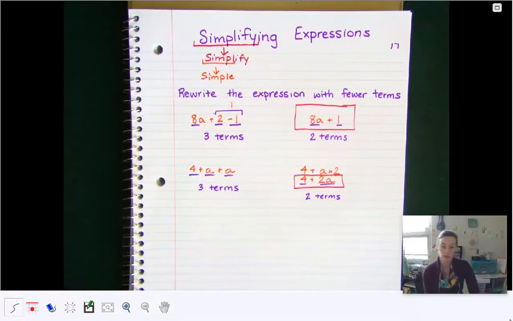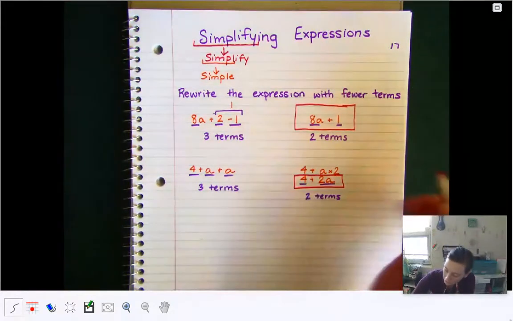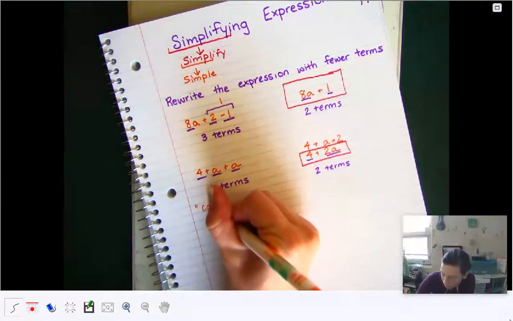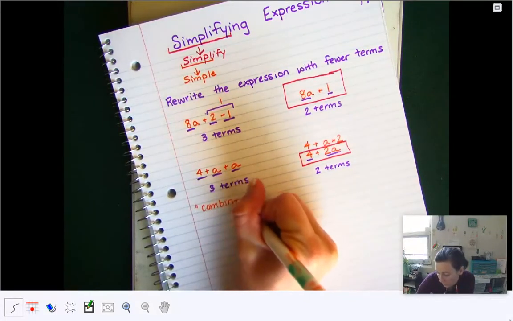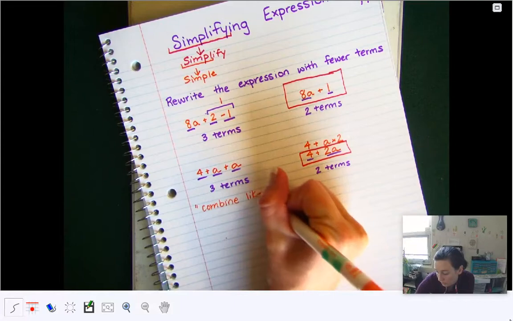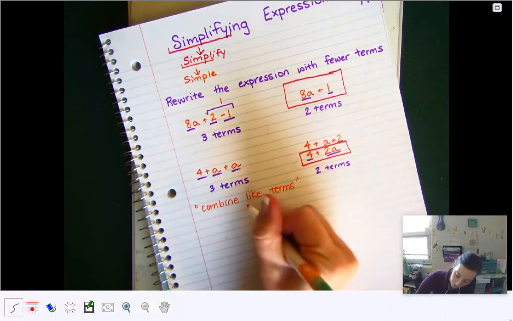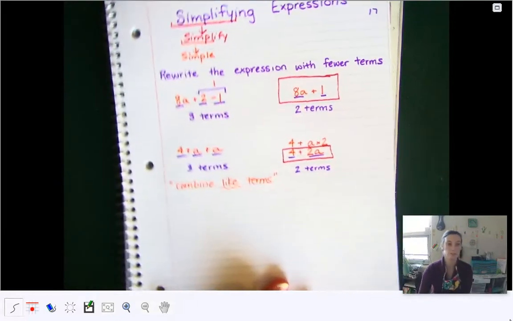And when I say like terms, I mean like in the same way as like denominators. So when terms have the same thing, they're like terms. So we don't need to go too much into that right now, but just make that note for future reference. Combining like terms.